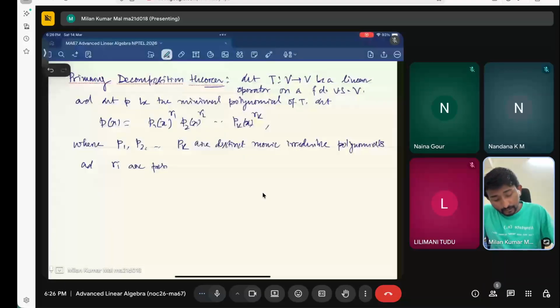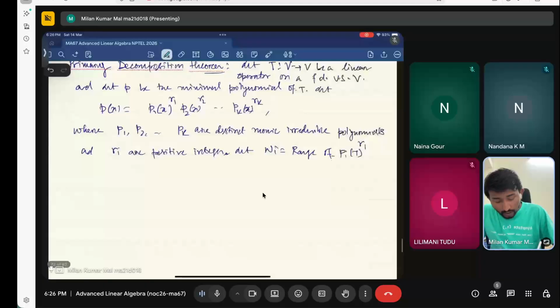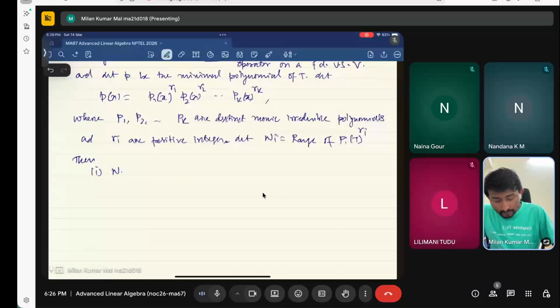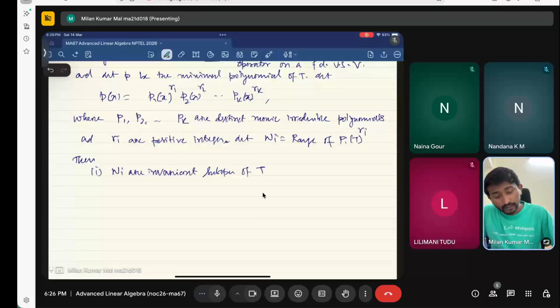Let Wi equal the range of Pi to the power Ri. Then what the primary decomposition theorem says is that the Wi's are invariant subspaces of T, that means T(Wi) is a subset of Wi for all i equals 1 to k.